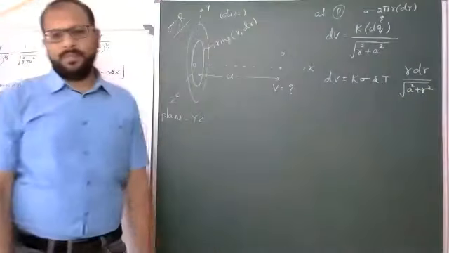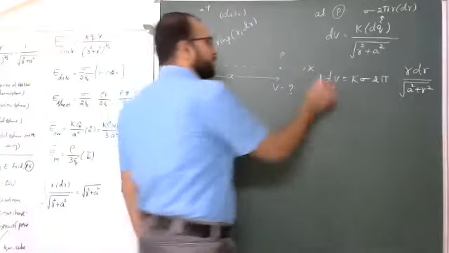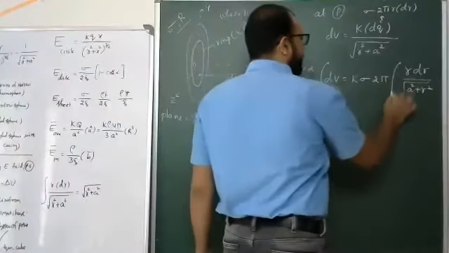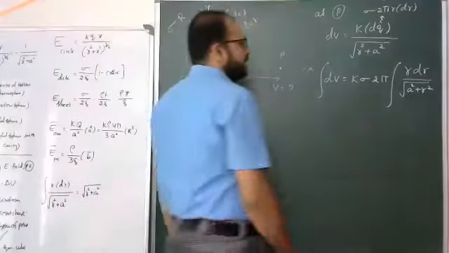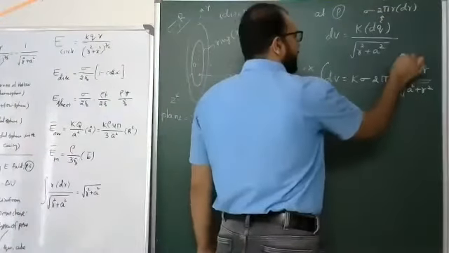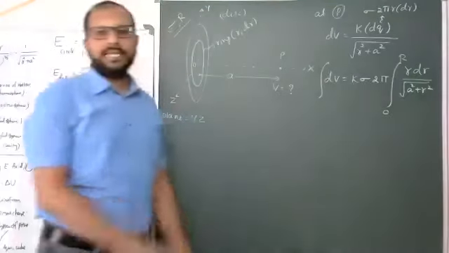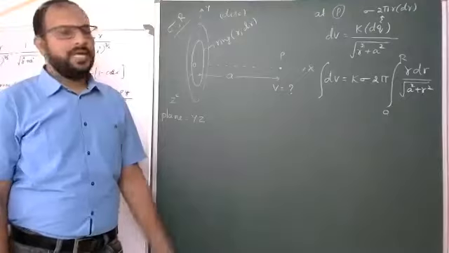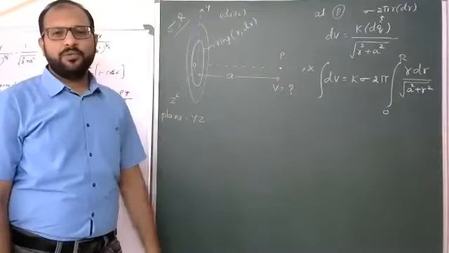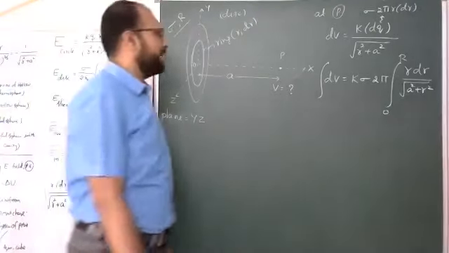That is now variable. For the total potential you should integrate, students, from 0 to capital R, because the radius of the disk is capital R. That integration we need. That integration we already did yesterday, but one more time I am going to explain.